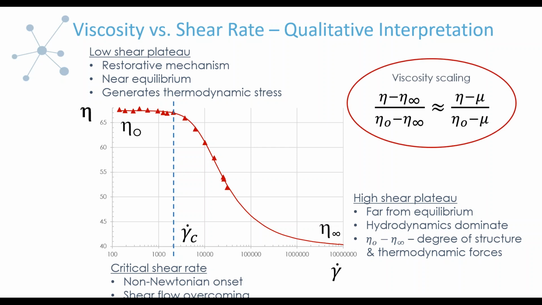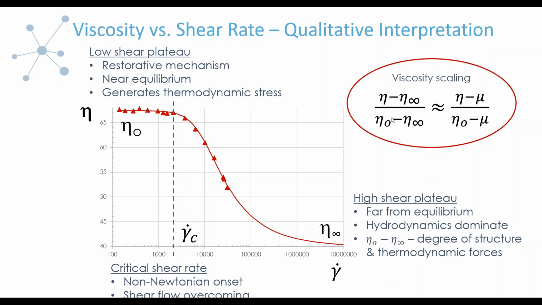So our viscosity scaling, then, what we want to look at is, as we increase in shear rate, we want to see how these thermodynamic stresses are overcome by the shear flow and how the structure is broken down. So the ideal scaling then would be the viscosity minus the high shear plateau divided by the zero shear plateau minus the high shear plateau.